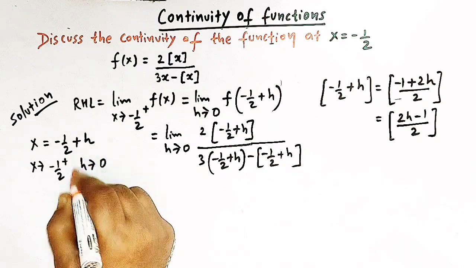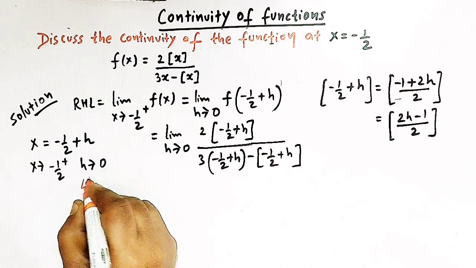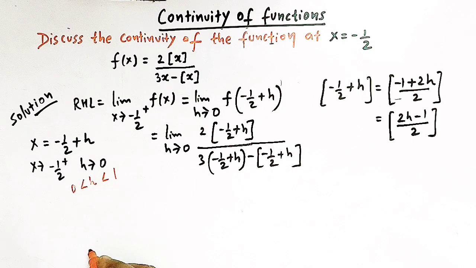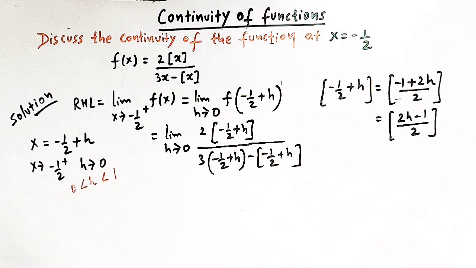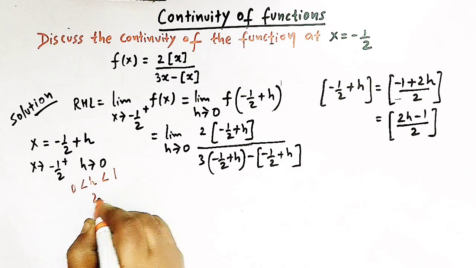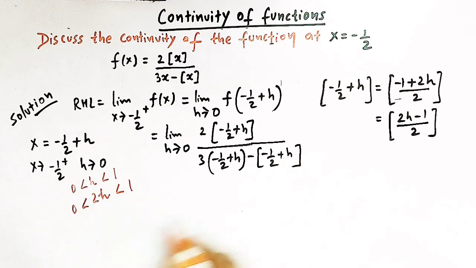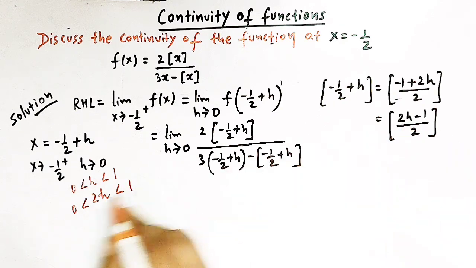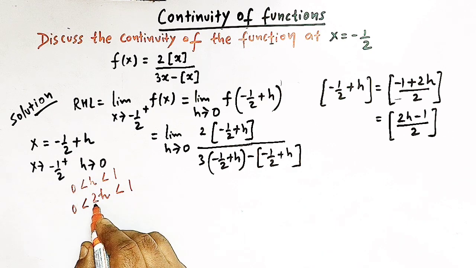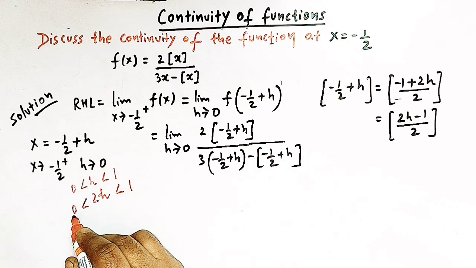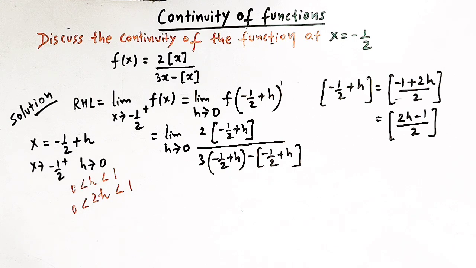We know that h is a positive quantity and lies between 0 and 1, and is infinitesimally small, so 2h should also lie between 0 and 1, and 2h is also infinitesimally small.